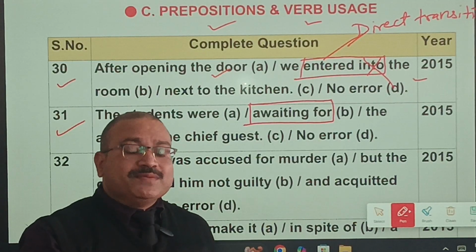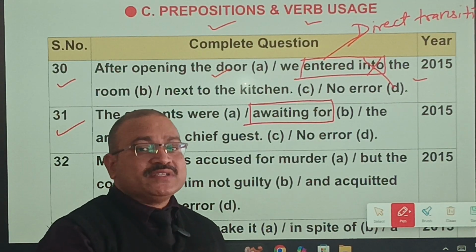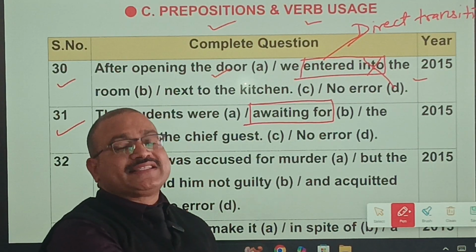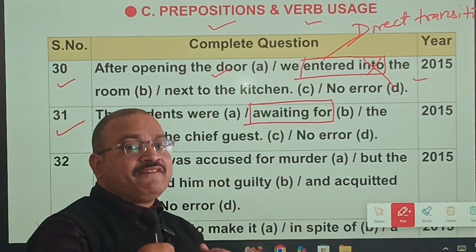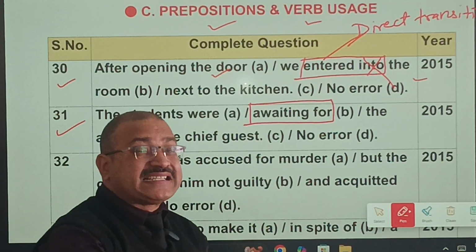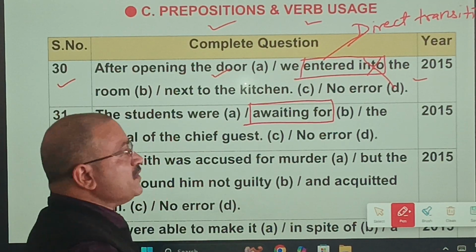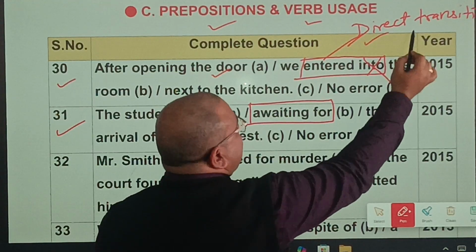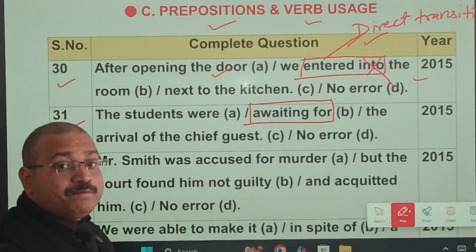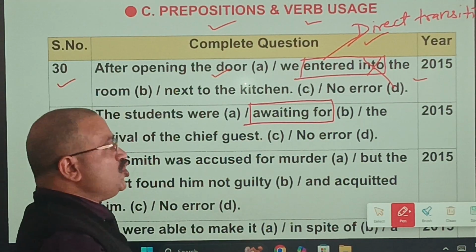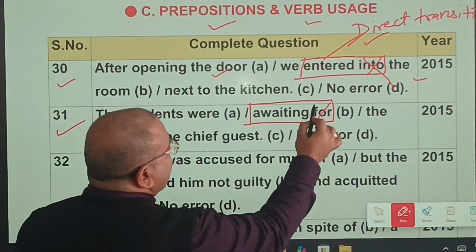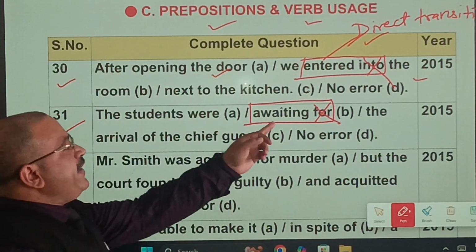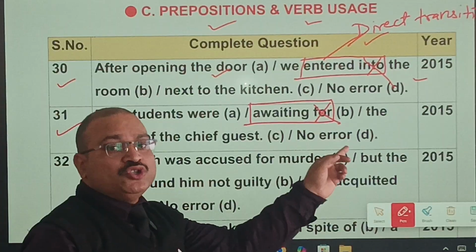Direct transitives means these verbs don't take prepositions, they take objects directly, means they are followed by the objects directly without prepositions. That is why they are called direct transitives or verbs without prepositions. So awaiting for is wrong. Why? Because await does not take prepositions.